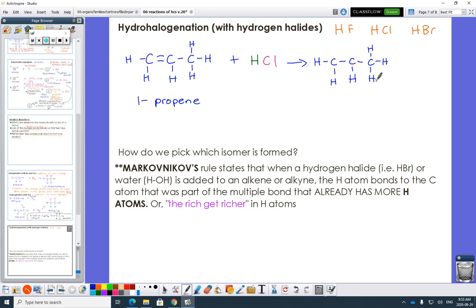Okay, so I need to add H and I need to add Cl. So we have 2 carbons. Which one gets the H? Which one gets the Cl?